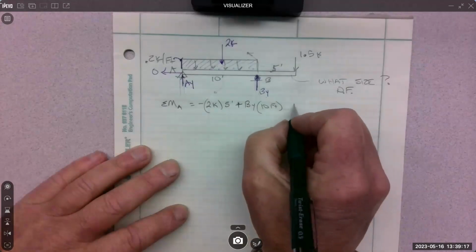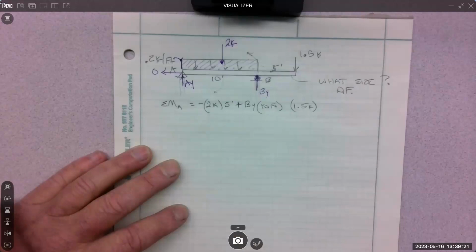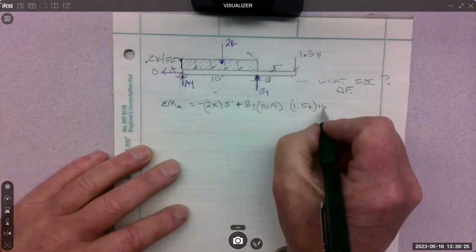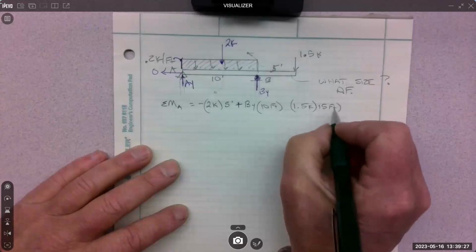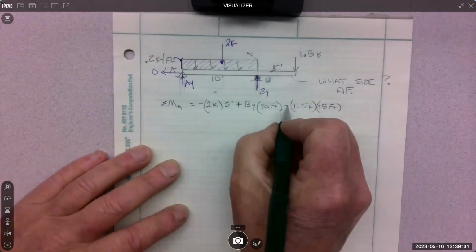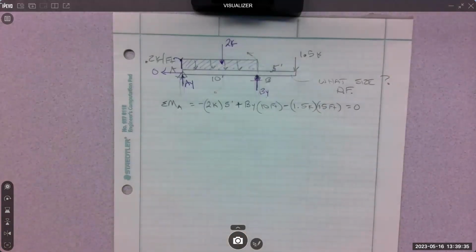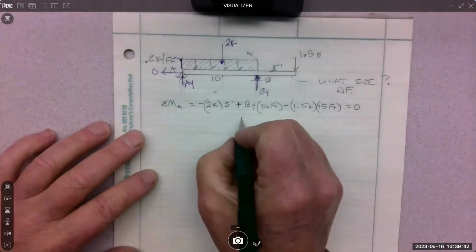And then 1.5 K times 15 feet. And its rotation is negative. And all that we said equal to 0. And we solve for BY.